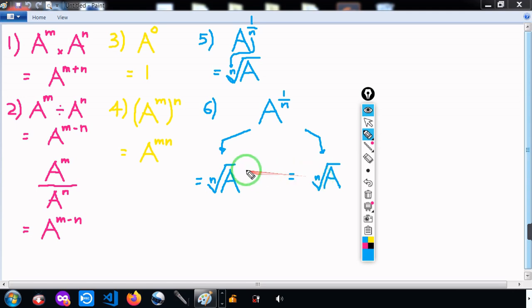And then now I will want you to put a bracket for the right hand side only. The left hand side, no need.